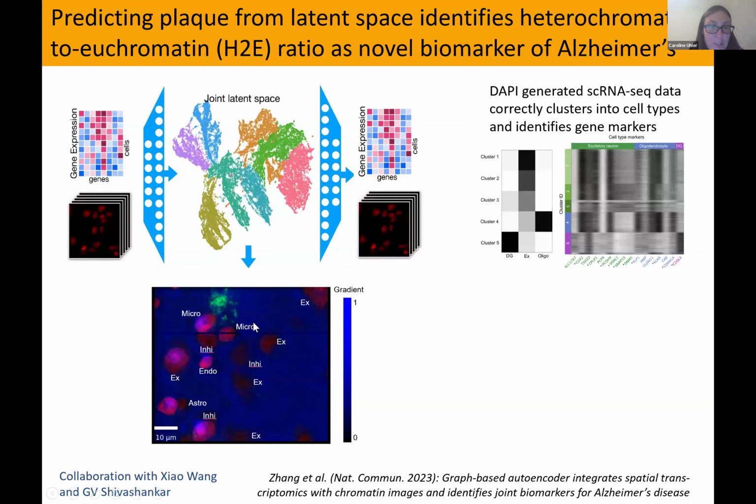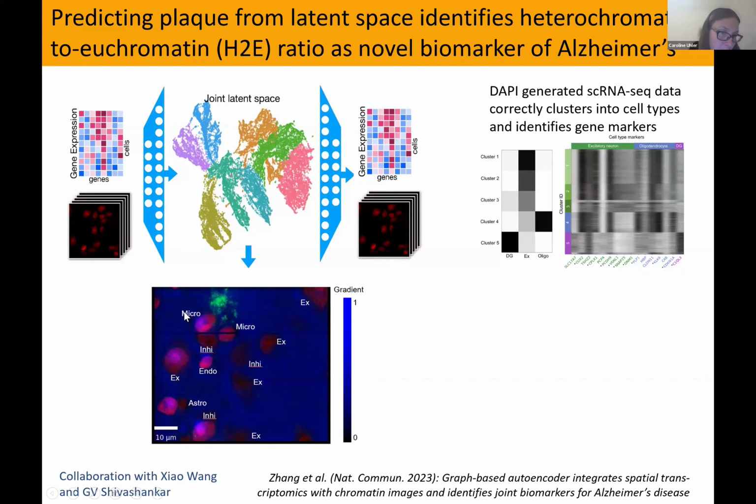Now, of course, you can stop here. You can say, okay, these are biomarkers, but it's better if we have some interpretable biomarkers, simple ones. That's where collaboration with Shiva's lab, who does a lot of this imaging of nuclei, comes in very strongly.